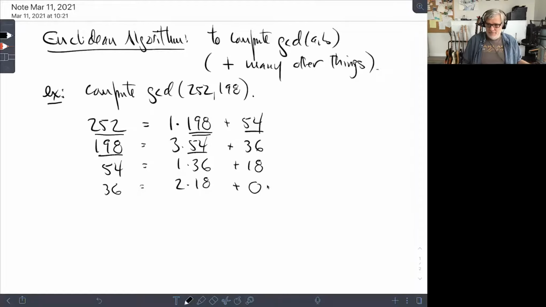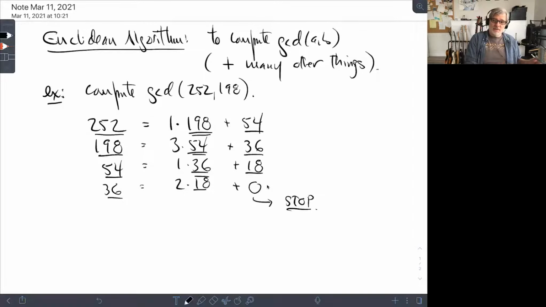By exactly the same argument, the GCD of 198 and 54 must be the same as the GCD of 54 and 36. And again, I divide 54 by 36, and the GCD of 54 and 36 must be the same as the GCD of 36 and 18. I divide 36 by 18, and now I get a remainder of 0, which means I stop.